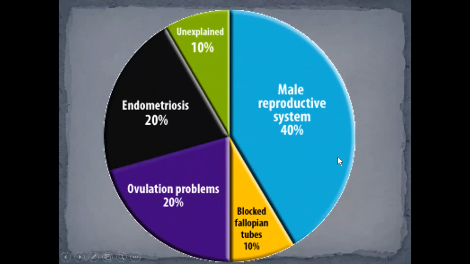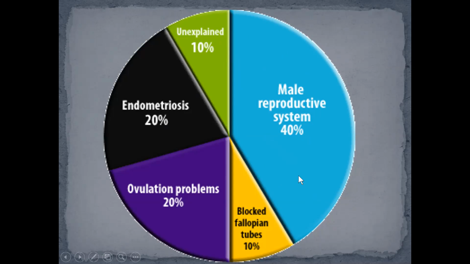What are the main causes of infertility? 40% of all infertile couples are affected by male infertility.